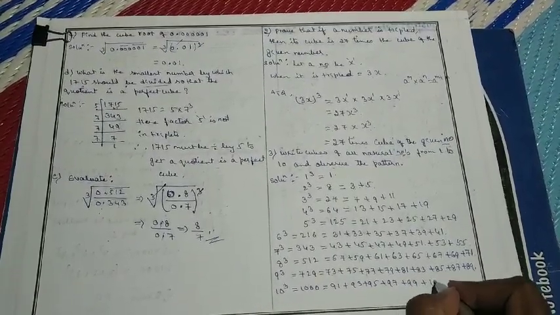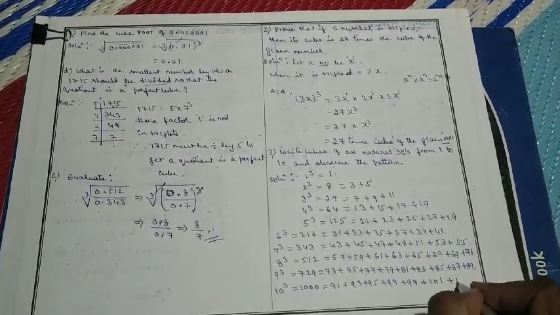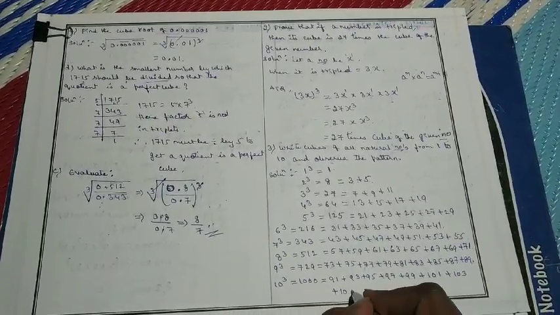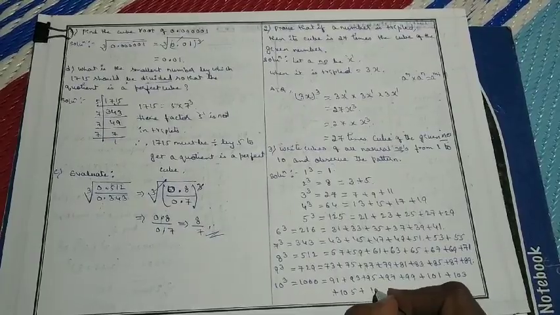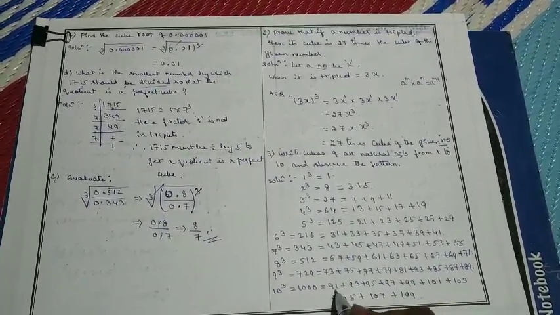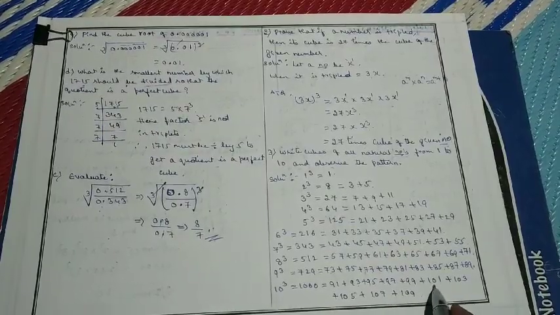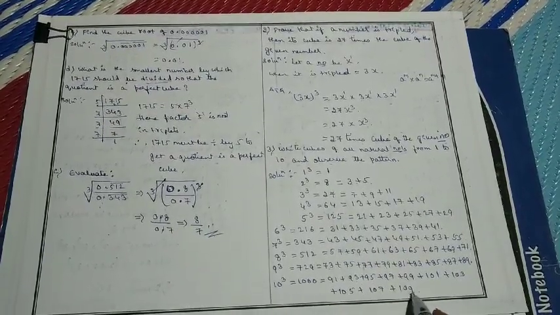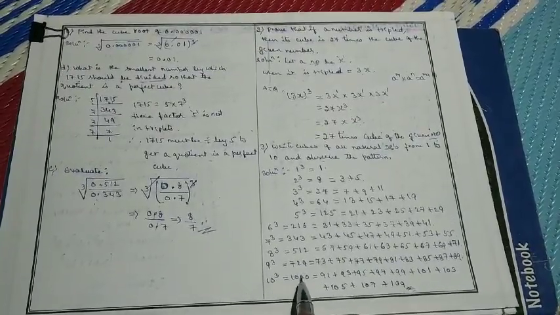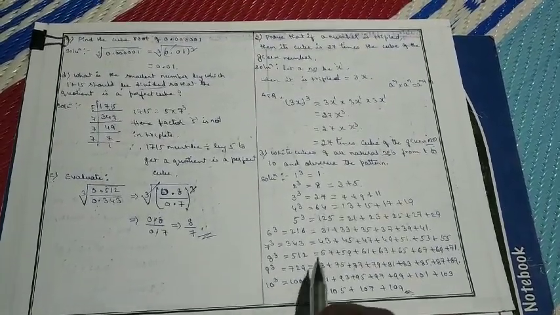Next, 101 plus 103 plus 105 plus 107 plus 109. Once we check, children. 1, 2, 3, 4, 5, 6, 7, 8, 9, 10. Yes, 10 odd numbers. So if you sum up all these numbers, you'll get 1000 here. So this is what he asked.